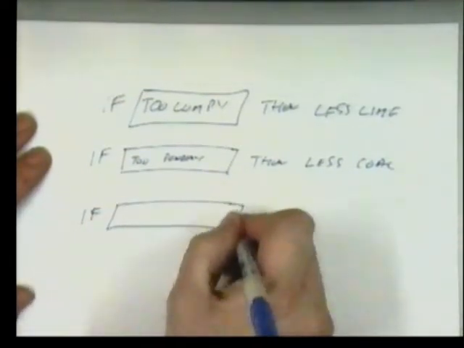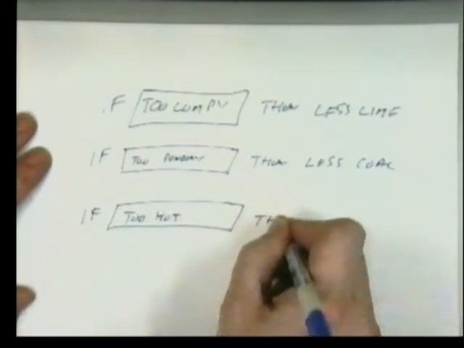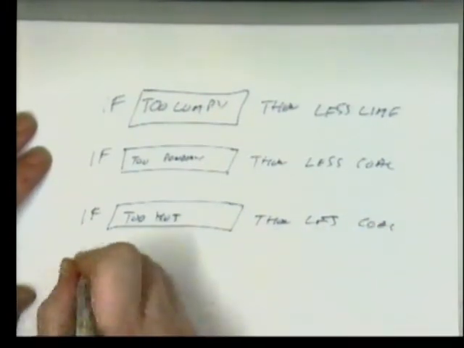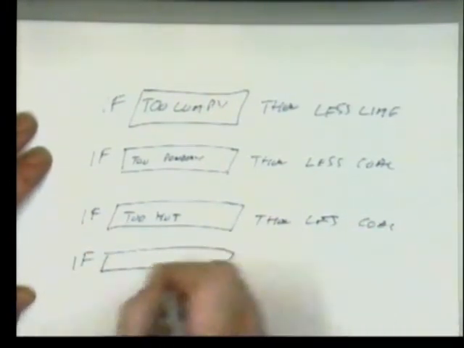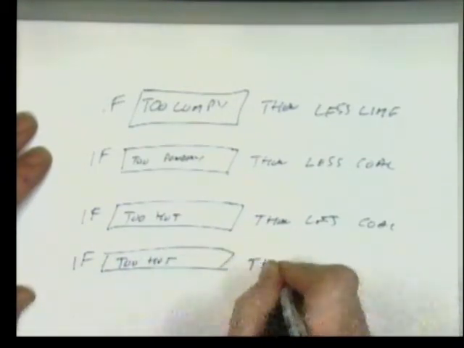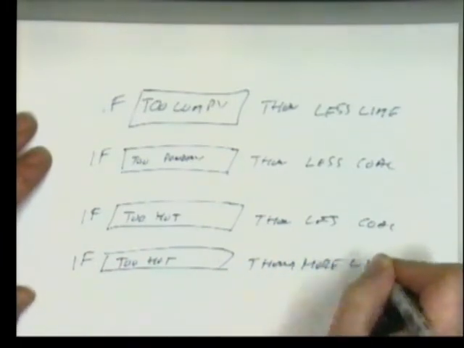But then there's some other rules. If too hot, then less coal. Or if too hot, then more. Don't try and write these down. I mean, I'm just writing down the rule.